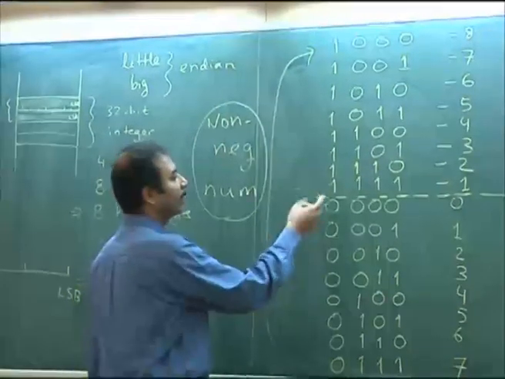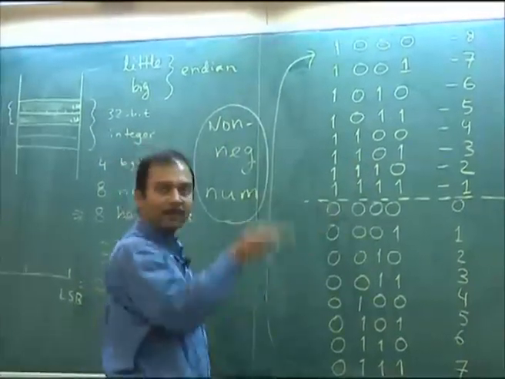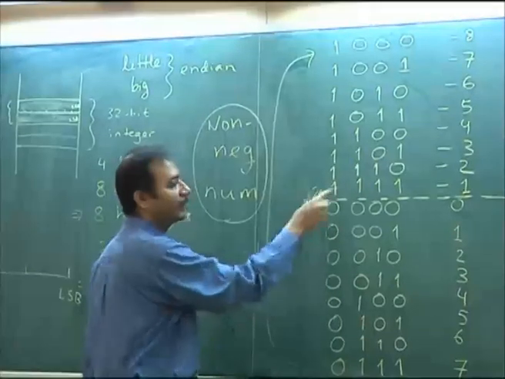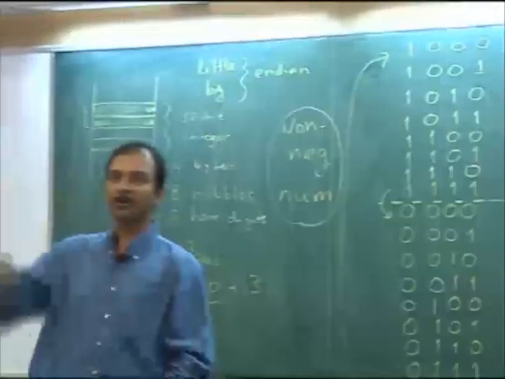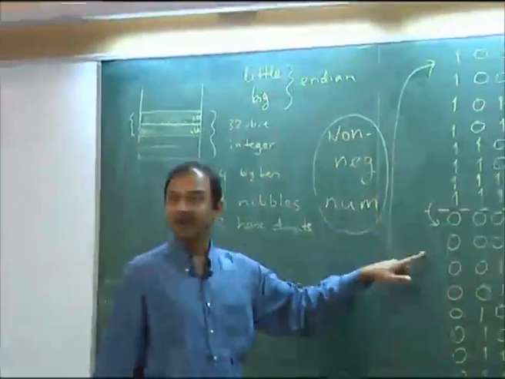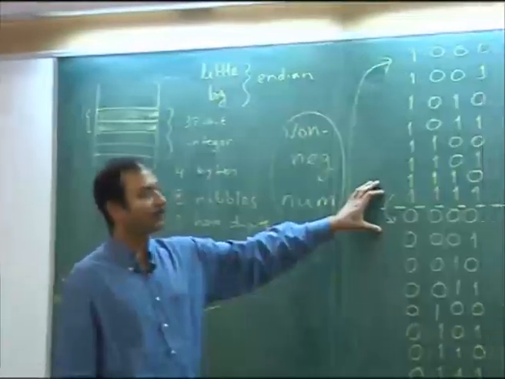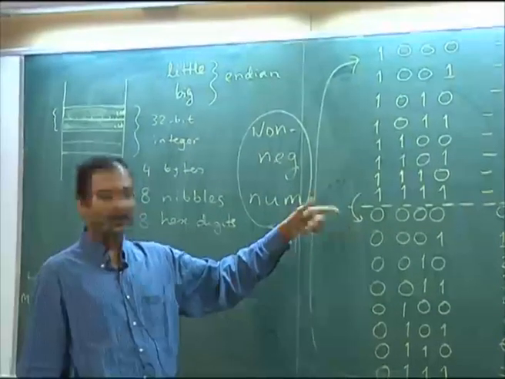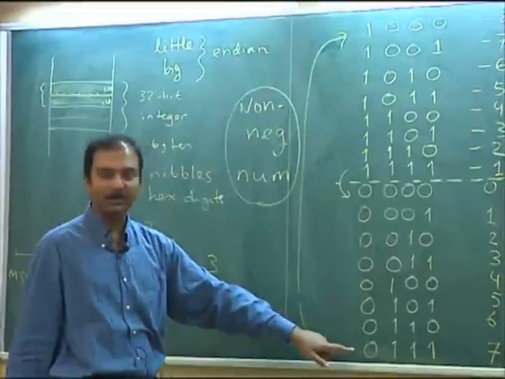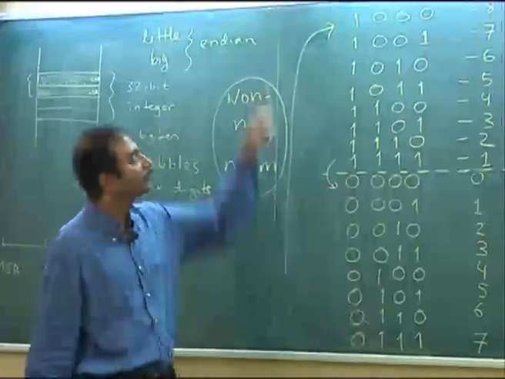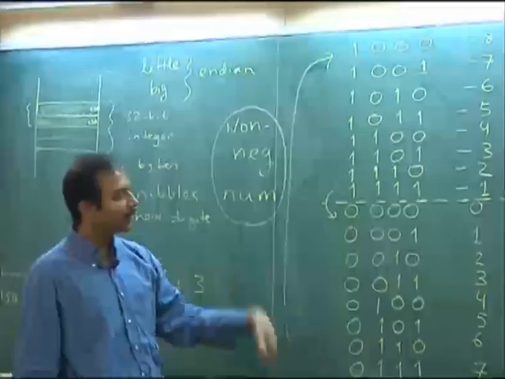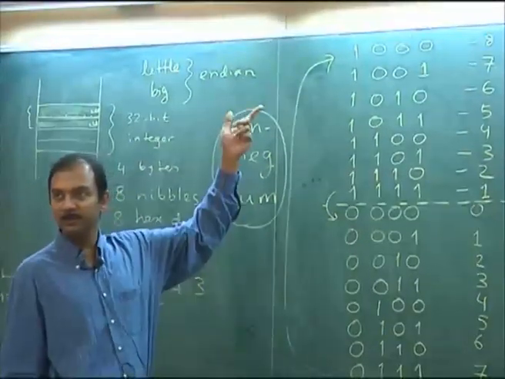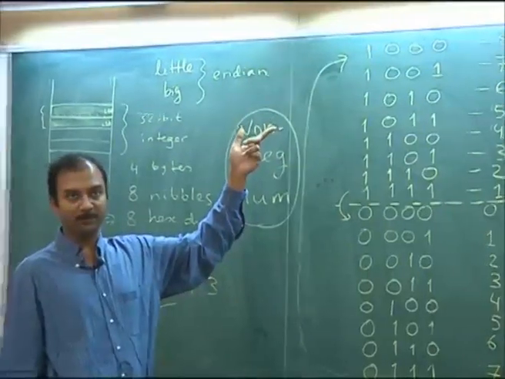Whereas, earlier my sense of a wraparound was here. That's when the clock rolled over and I started again from the beginning. But now this has become a much more natural transition from minus 1 to 0. Whereas something that looked like a more natural transition from 0, 1, 1, 1 to 1, 0, 0, 0 has now become a jump from the highest positive to the largest magnitude negative value.